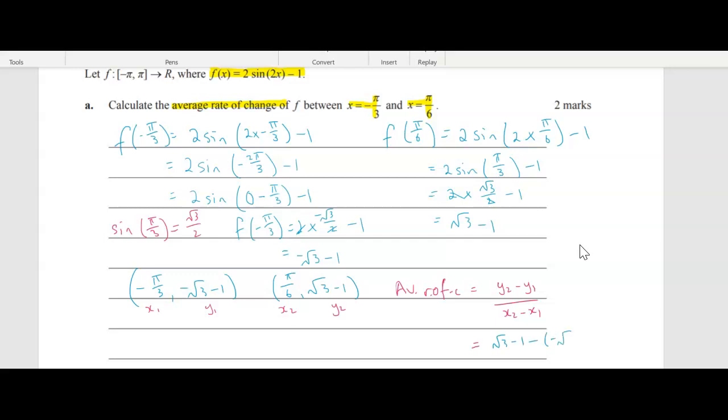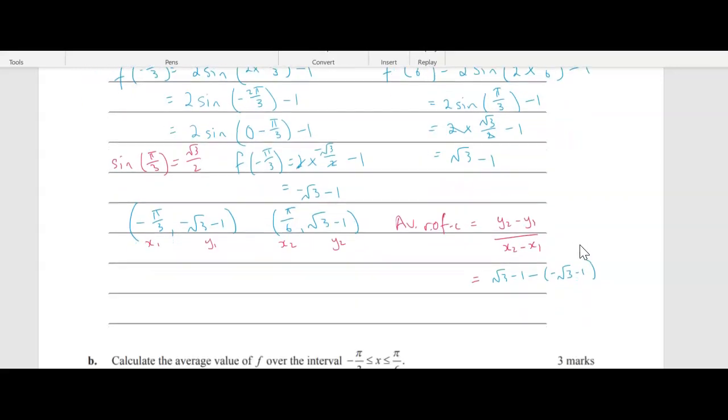Now just lots of negatives, so don't get your negatives mixed up. Over x2 minus x1. So I'm going to have them as the same denominator. So I'm going to rewrite that negative pi on 3 as negative 2 pi on 6.